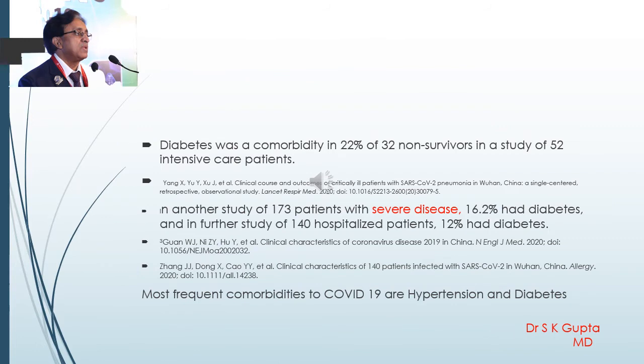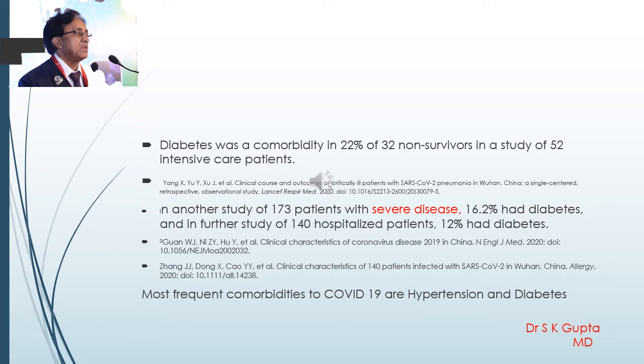Studies from China: in the first study of 52 patients, you find that 22% of the 32 deaths had diabetes. In another study of 173 patients with severe disease, 16.2% had diabetes, while in another study of 140 hospitalized patients, 12% had diabetes.